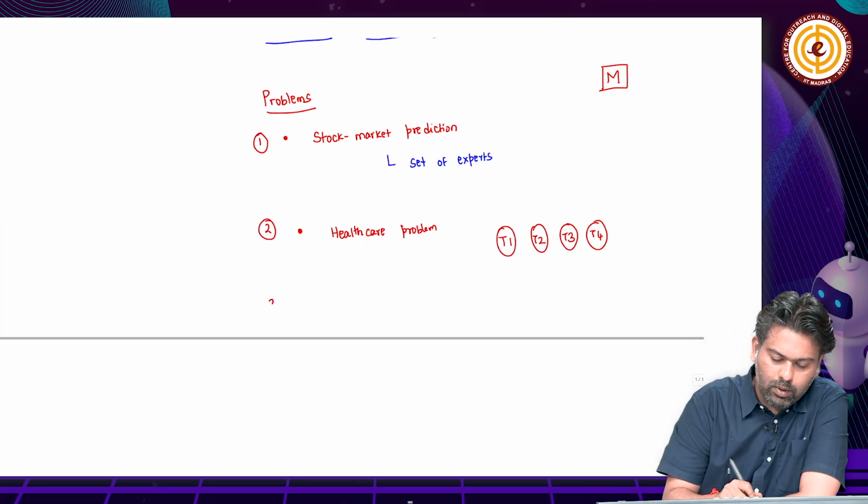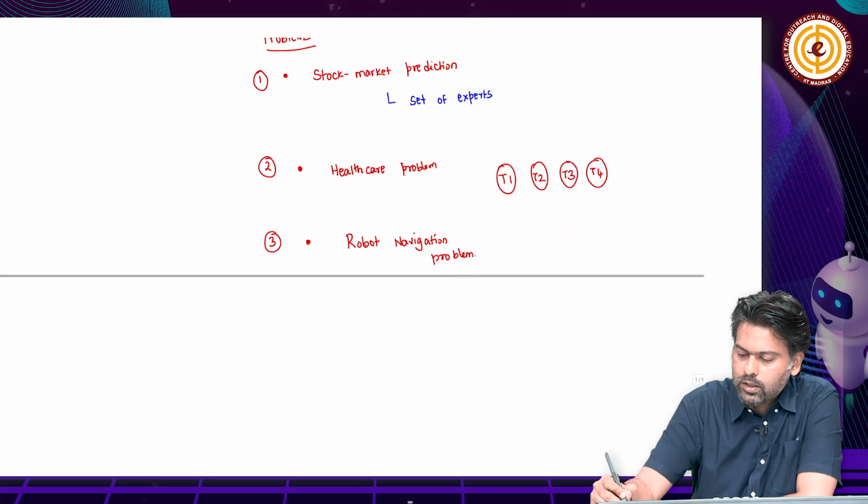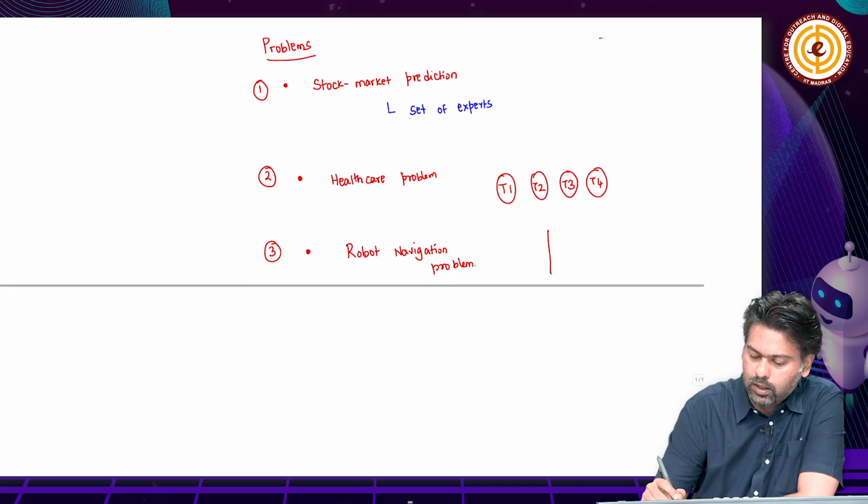Now the third problem that I want you to consider is the following. This is what I am going to call a robot navigation problem. So in this problem, what you have is a grid.